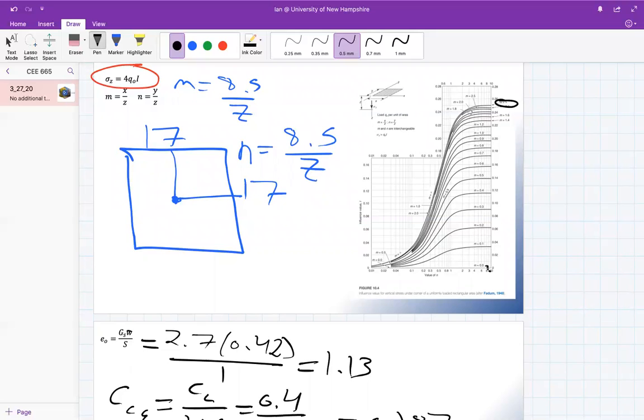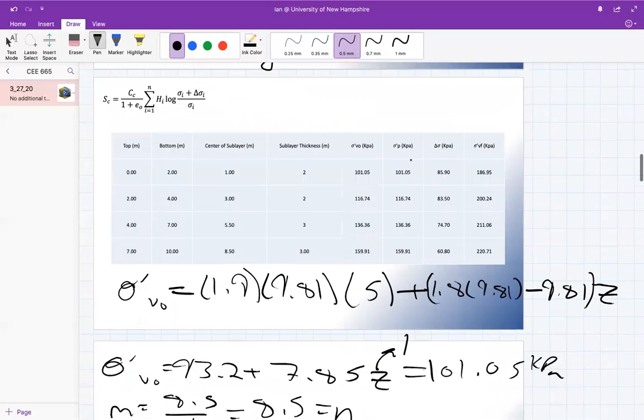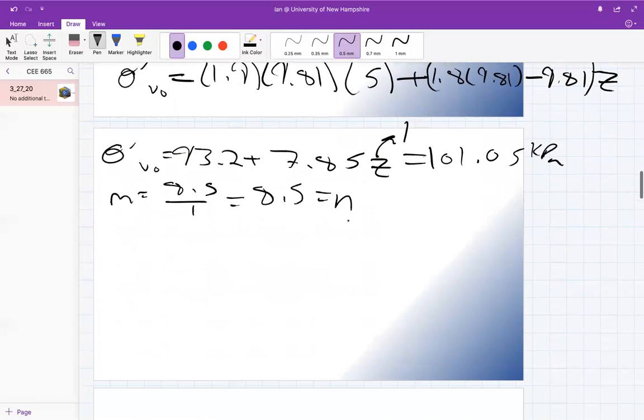So we're going to just come, oop, that's not straight at all. Wherever this line hits, we're going to bring it over, and that's how we're going to find our I value. Once we use that figure, we find that our I value equals 0.25 for this sublayer.